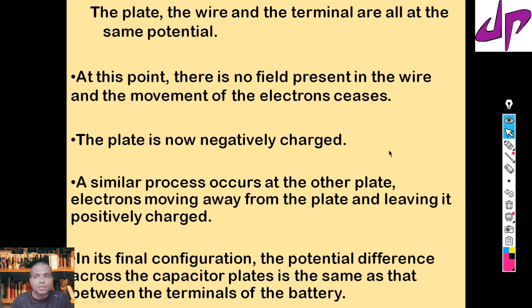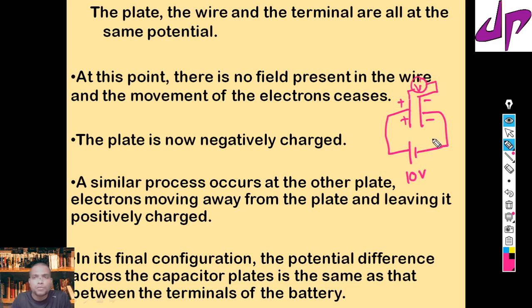Now what is the potential difference we applied? If it is a capacitor and you applied a potential difference via a battery, let's take it as 10 volt. After a certain time, meaning a very small fraction of a second, one plate gets positive charge and the other plate gets negative charge, and this also reaches the same potential difference.